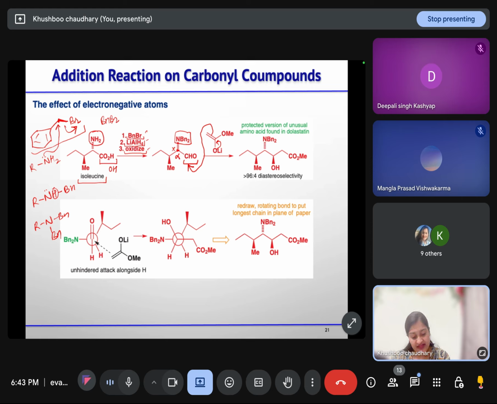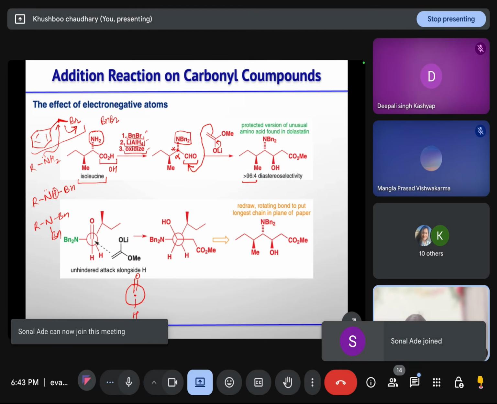So we will use the Felkin-Anh model to predict which one is the major product, because you are getting 96 to 4 diastereoselectivity. That means we get one product as major and only a trace amount of the other product forms.